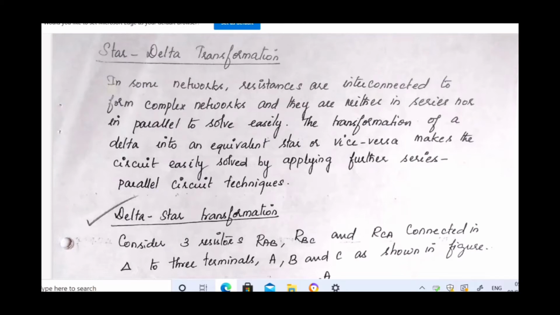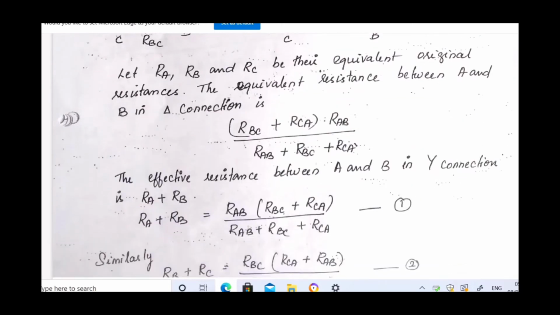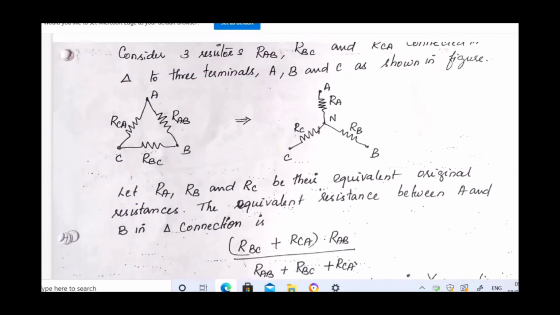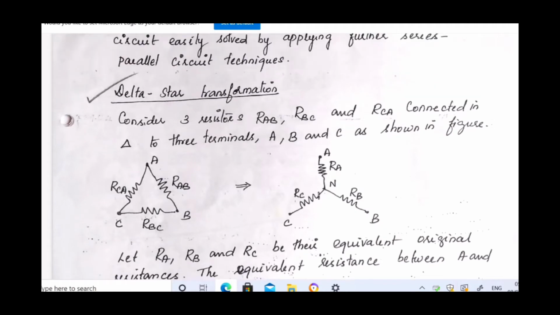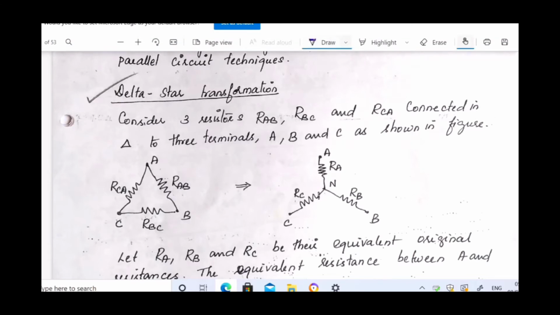Okay, well and good. Passing on to the delta star. Before entering into the transformation, I will explain what the delta structure is. This is a delta structure, in the shape of a delta.